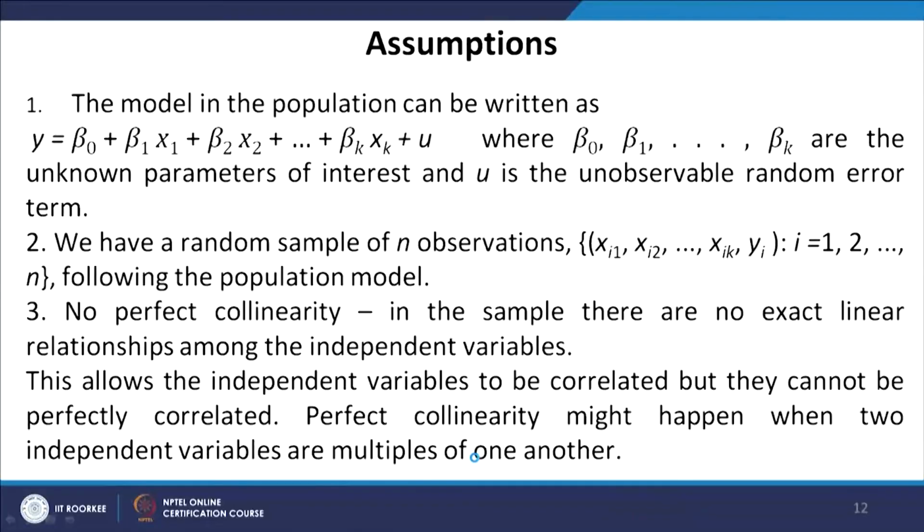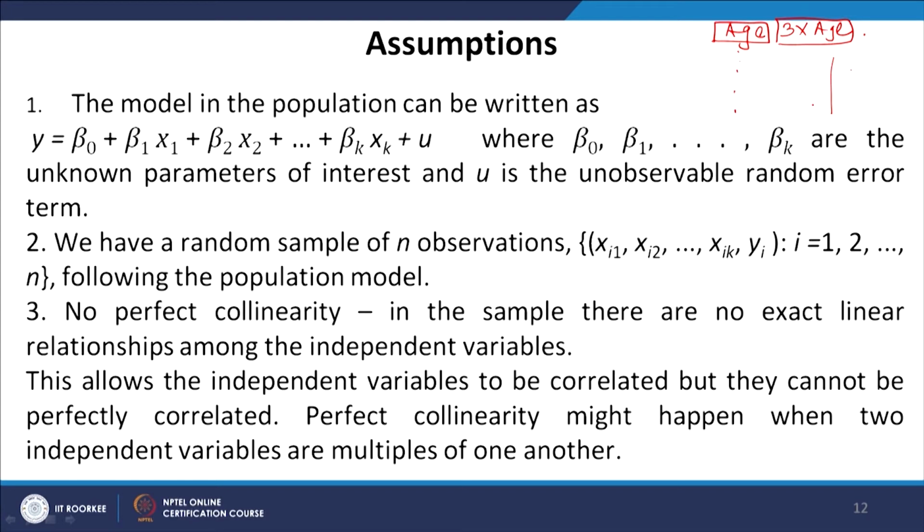So, for example, suppose I have one independent variable, age. I jot down the age of individual respondents, and if I have another variable which is 3 multiplied by age, this is a case of perfect collinearity, because this independent variable lies completely in the column space of the other independent variable, or vice versa.